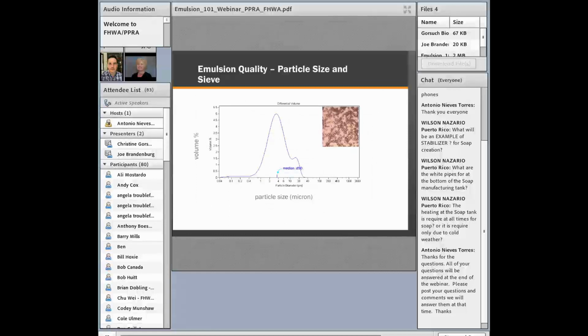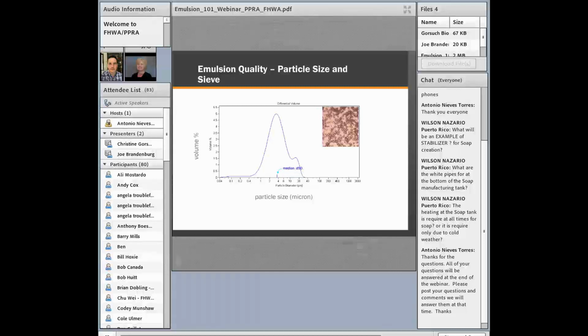And again, when we say particle size distribution, what we do is we take our emulsion and run it through a Coulter counter. It takes a snapshot of the emulsion, quickly analyzes the amount of asphalt that you have in there, and then quickly determines an average or a median of the asphalt particles in your emulsion.